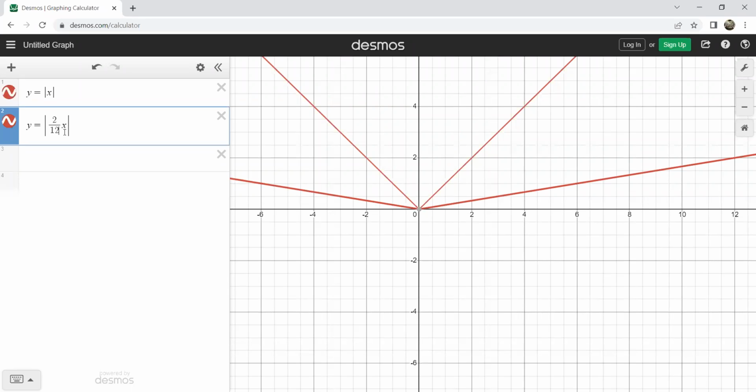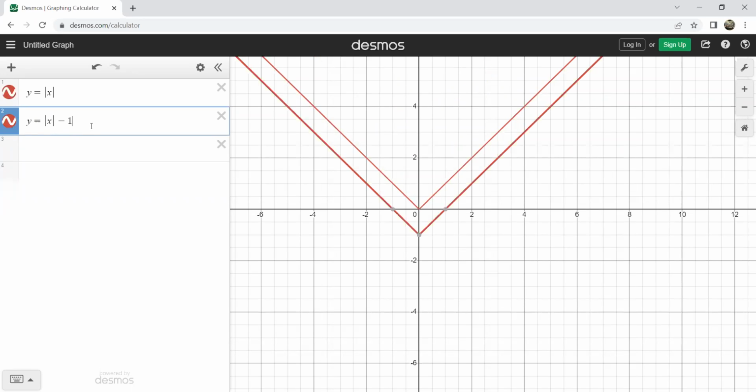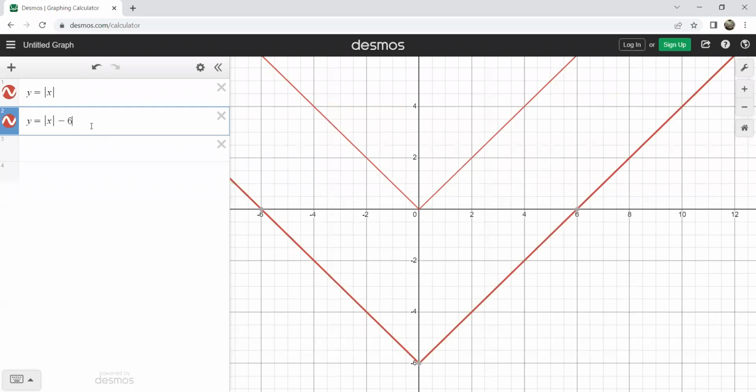These are the changes that you see. You can use Desmos and multiply your function by different numbers, or you can make changes to the y value: adding 4, adding 3, adding 2, subtracting 1, subtracting 3, subtracting 6.